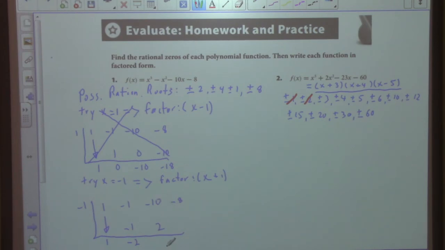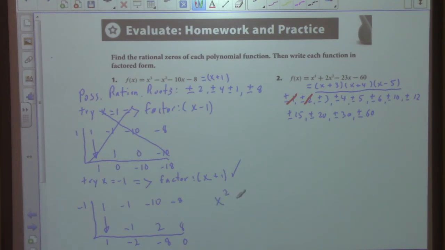Negative 10 plus 2 is negative 8. And negative 1 times negative 8 is 8. It works. So we get 0. So that means that is a factor. So I'm just going to write part of my answer up here as x plus 1. We know that's a good factor.